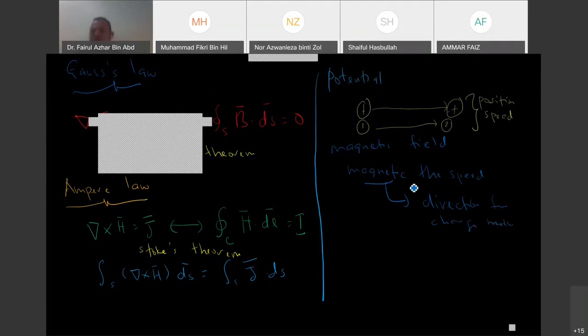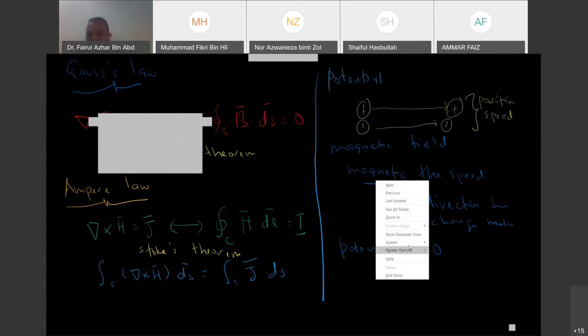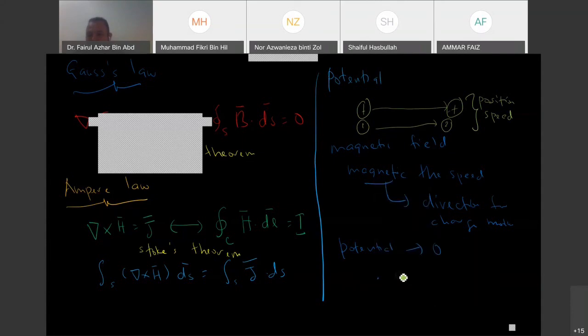Okay, so this one is what you have seen in the first video for the magnetostatic. Because of this fact, the potential inside our magnetic field is equal to zero. But in order to ensure the divergence of the magnetic flux density, the divergence of B is given by this equation, equal to zero.